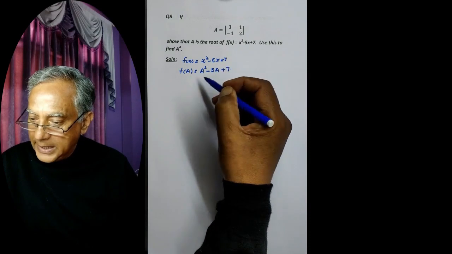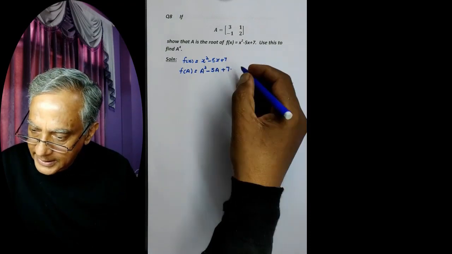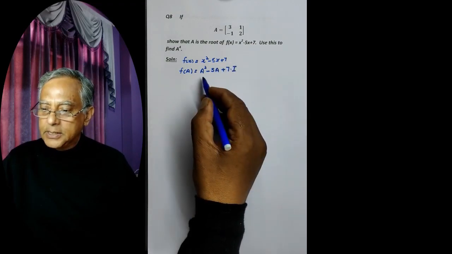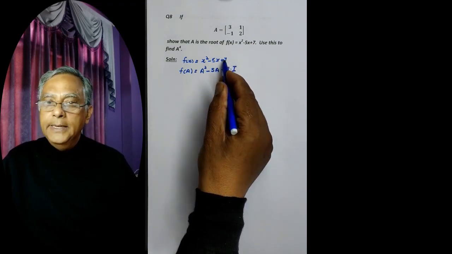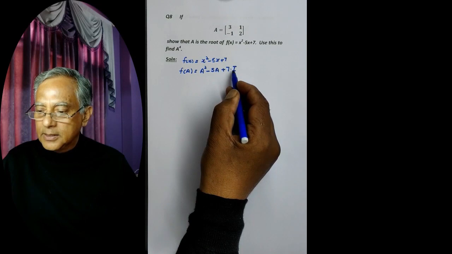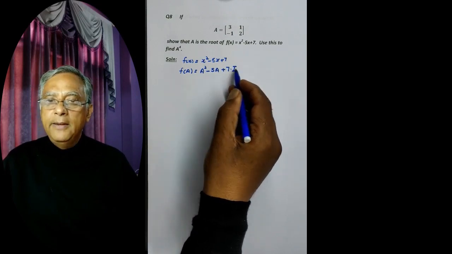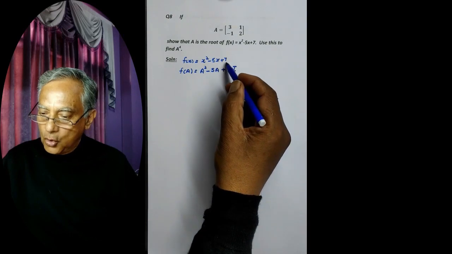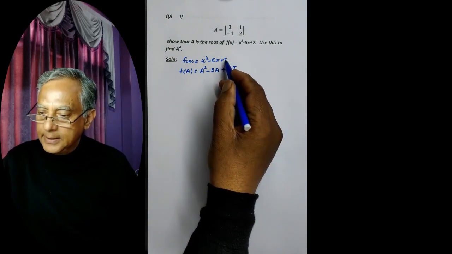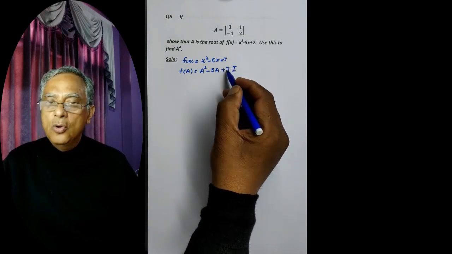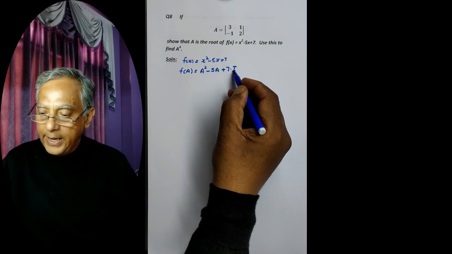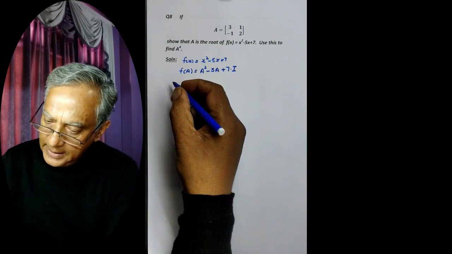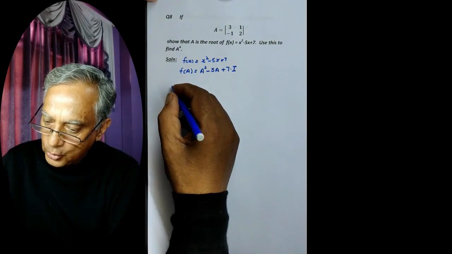But for matrices, the identity is I. So we must write 7 into I. Only then this expression will be defined. So for matrices, you must write 7 into I. This is very important. Now what we do is we find A square.